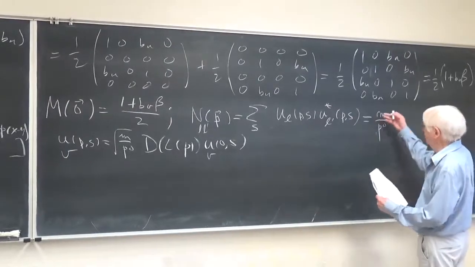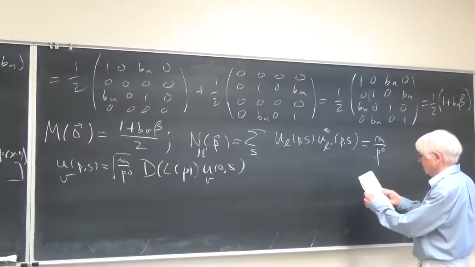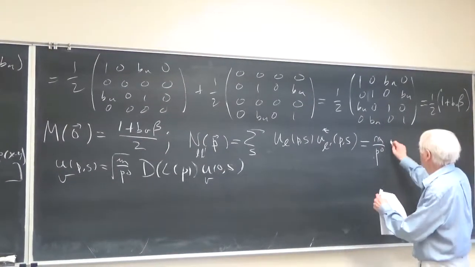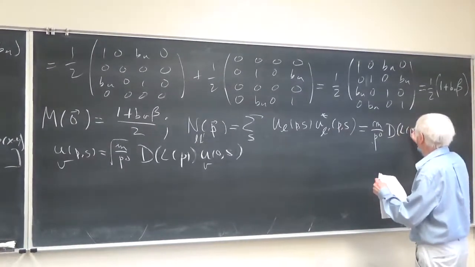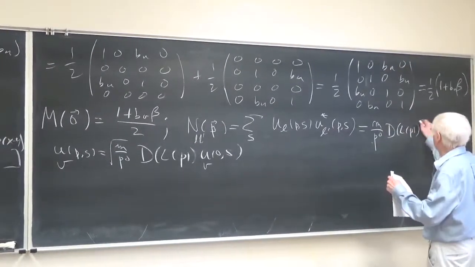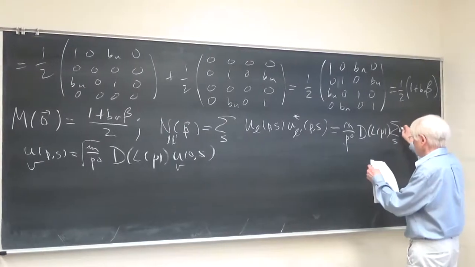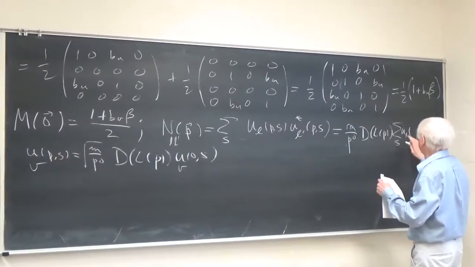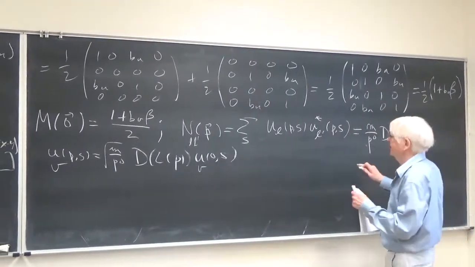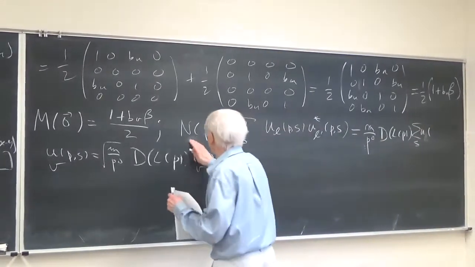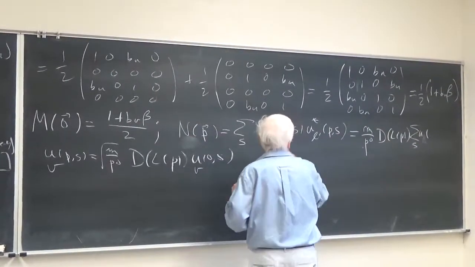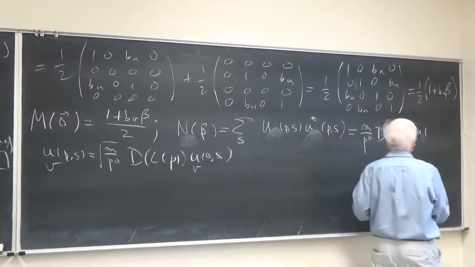So we get 2 factors of square root of M over P0, and then we have D of L of P, and then we have this sum over S. Let us write everything as a matrix now. So I'm going to write this just as a matrix.